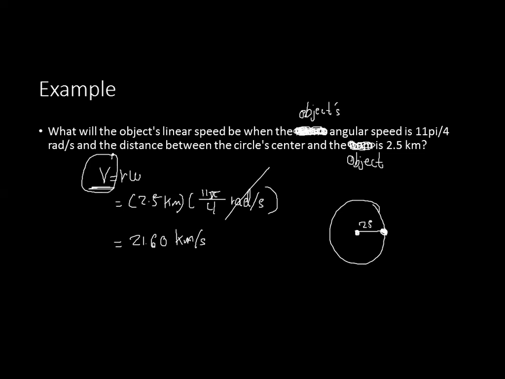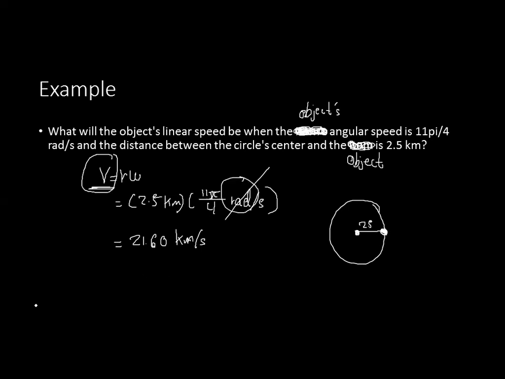But if you're looking for the angular speed, it should be in radians. Do not forget to include radians if it's about finding an angular speed. I already summed it up for you guys. Linear speed, meters per second, inches per second, or minute, whatsoever. But for the angular speed, there shall be radians, just like this one.